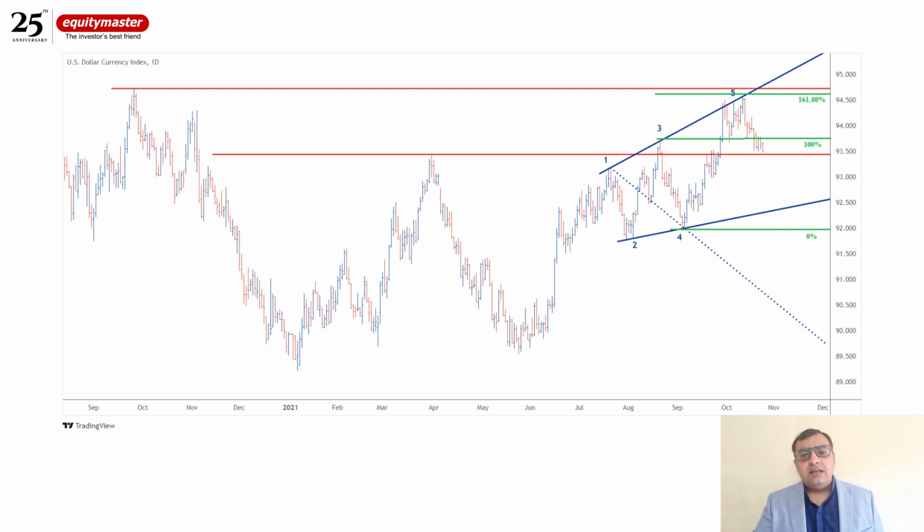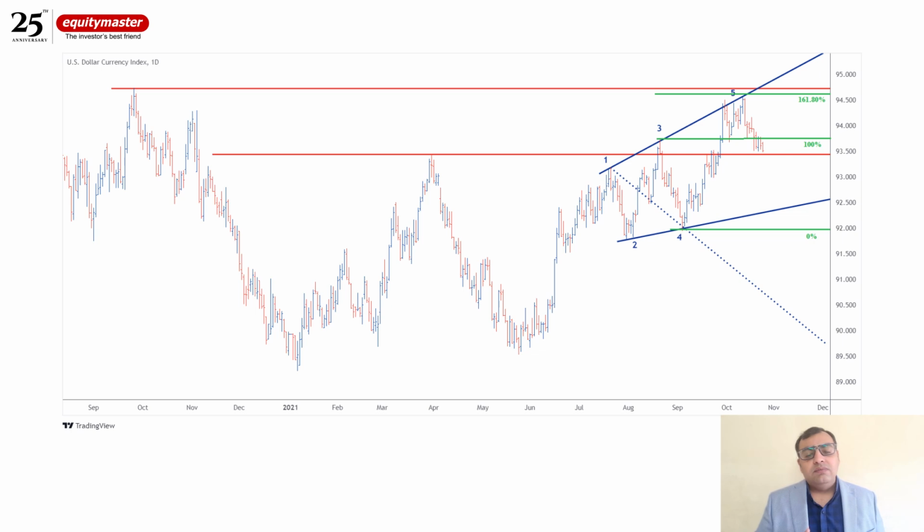And if you look at the technical structure over the blue lines over here, this is called a broadening wolf wave pattern, and this is a bearish pattern which indicates that the bullish momentum is ending and the bearish momentum starts, which is reversal in nature.